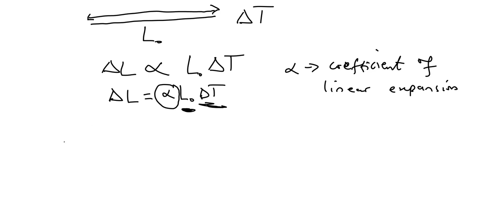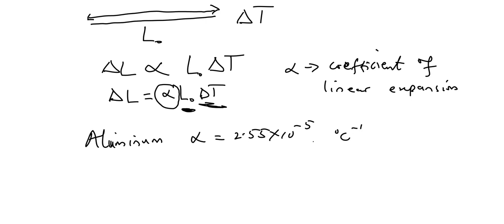For example, for aluminum, alpha is 2.55 times 10 to the power minus 5 per degree Celsius. So it is constant for all aluminum.